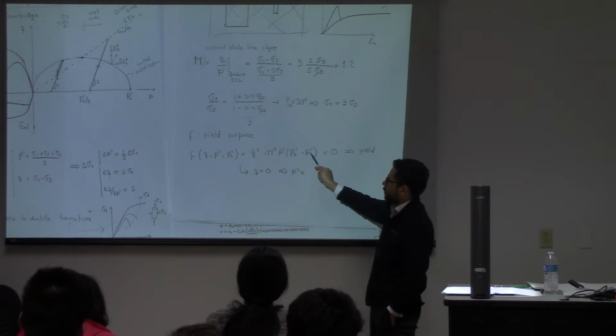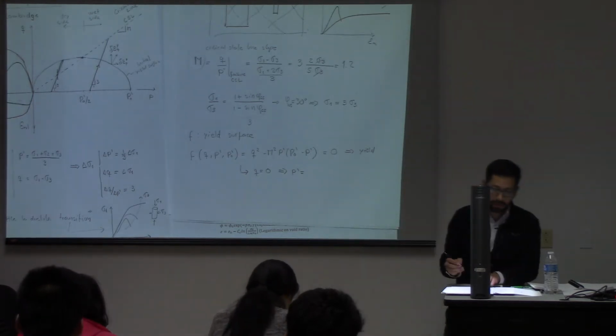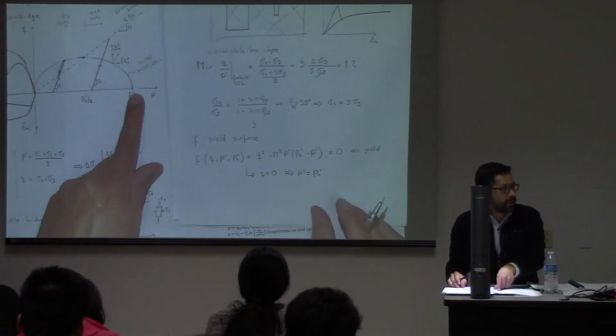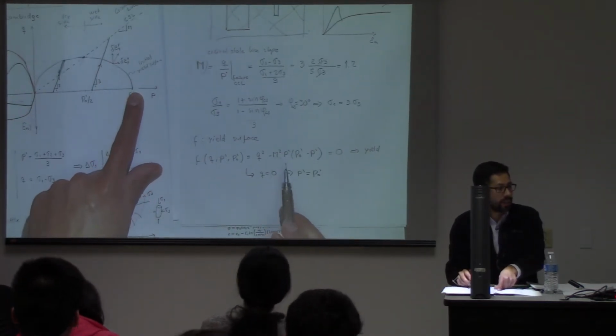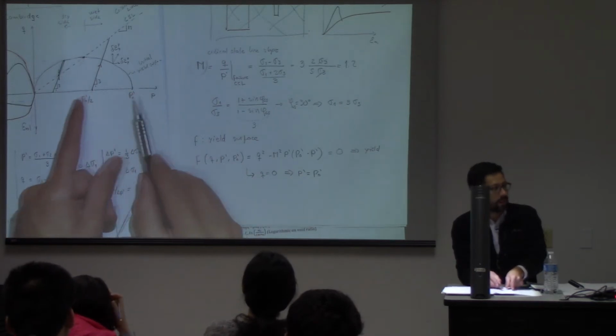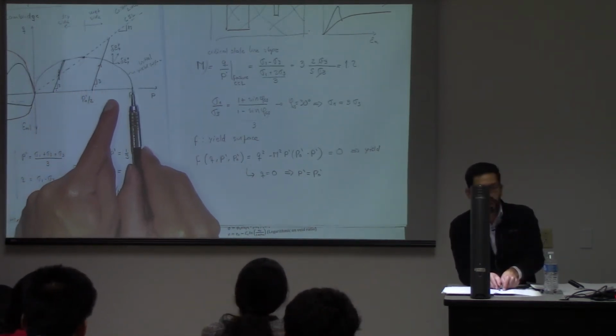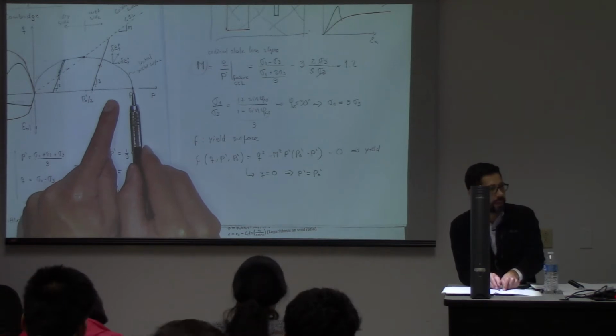Therefore, P prime has to be P0 prime. And that's exactly that point over there, right? So the yield surface equation is telling me that if I do an isotropic compression test, I'm going to reach the plastic limit or the yield stress at that point.